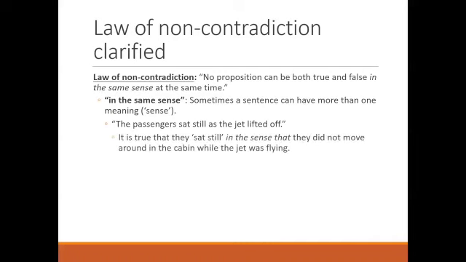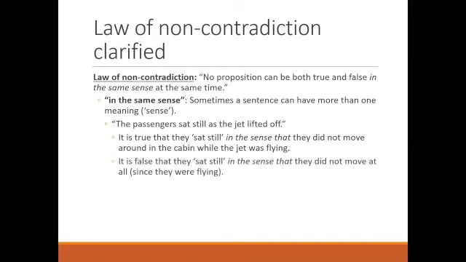This sentence could be true if we take it in the sense that these passengers did not move around in the cabin while the jet was flying. But the sentence cannot be true if we take it in the sense that they did not move at all, since they were flying. Therefore, the sentence could be true in one sense, and yet would be false in another sense.